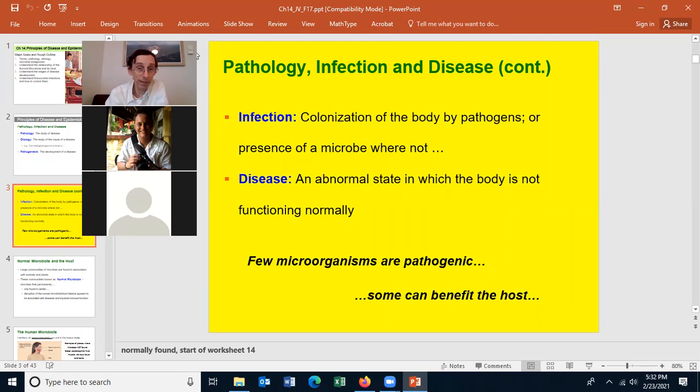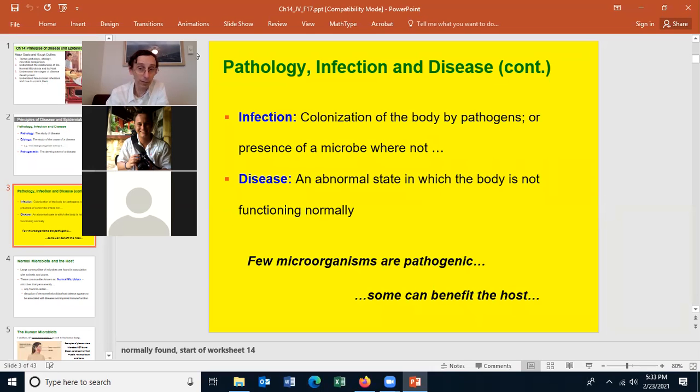An example of that is when you get an infection of your body by getting exposed to the cold. The virus comes and colonizes your cells. The presence of microbes where they're not normally found: we find E. coli in our intestines, but if you have E. coli growing in your tissues, like subcutaneously under your skin, that would be an infection.